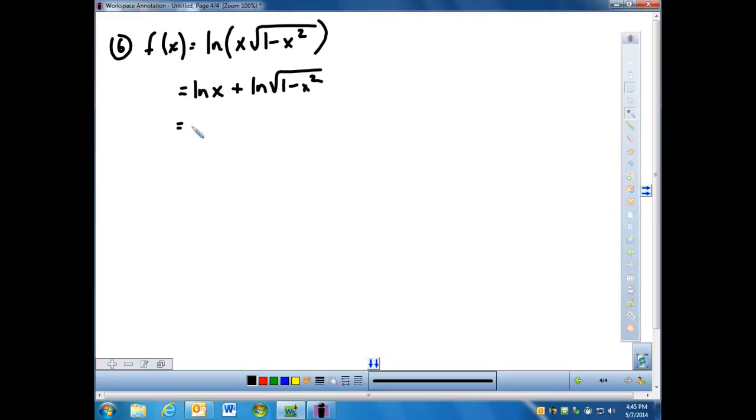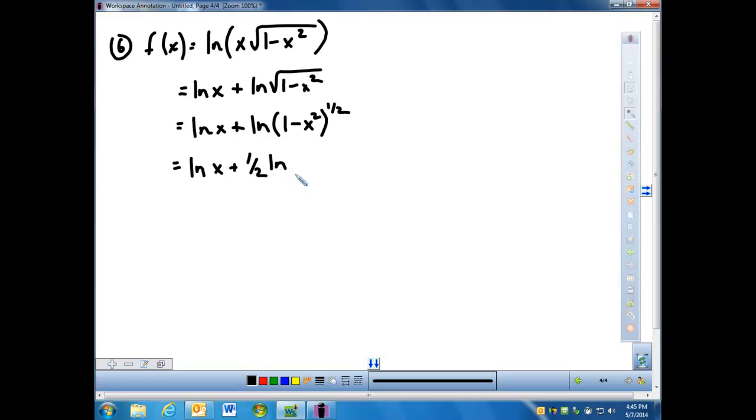And I can also treat that as 1 minus x squared to the 1/2. And since that's a power, I could actually rewrite that then as 1/2 natural log 1 minus x squared.